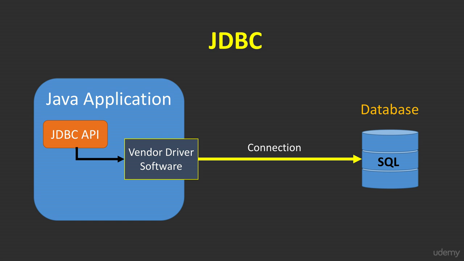So if we want our Java application to connect to a Microsoft database, we'd have to add their specific driver to the class path of our application. But remember, we can't use that driver for any other vendor, right? In other words, the database driver I downloaded from the Microsoft website, I can't use that to connect to an Oracle or an IBM database.